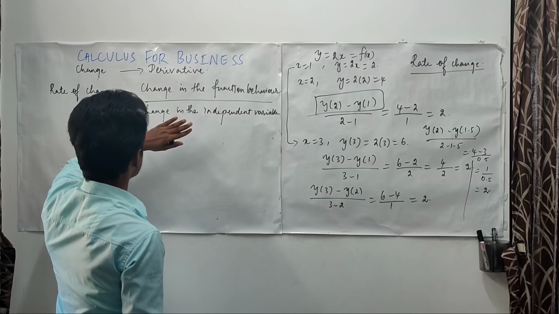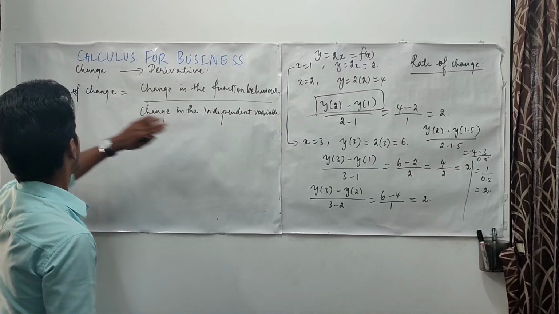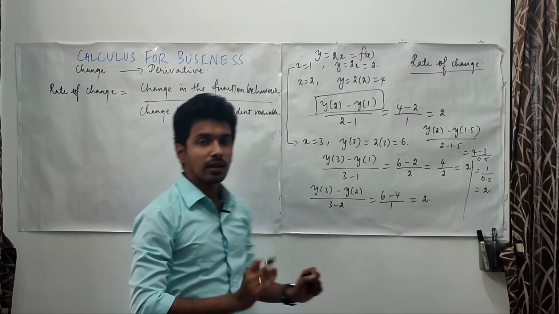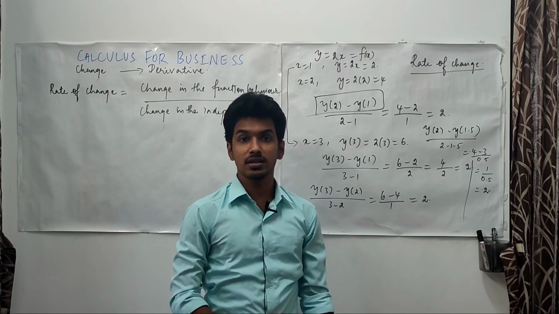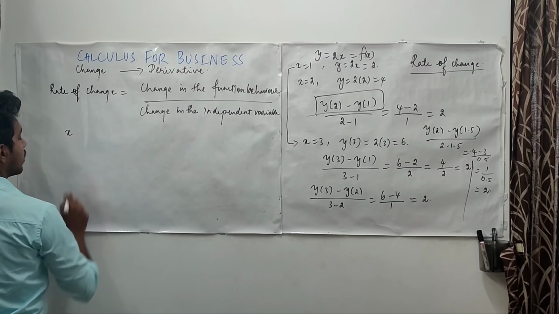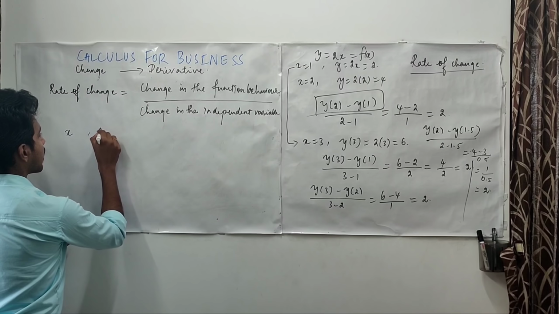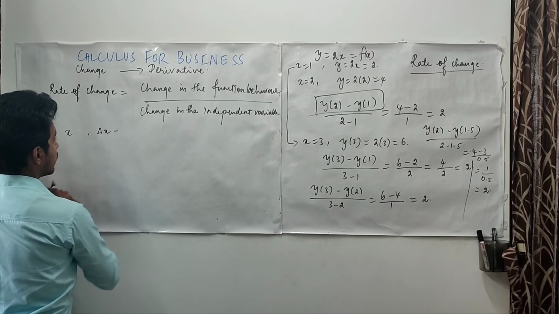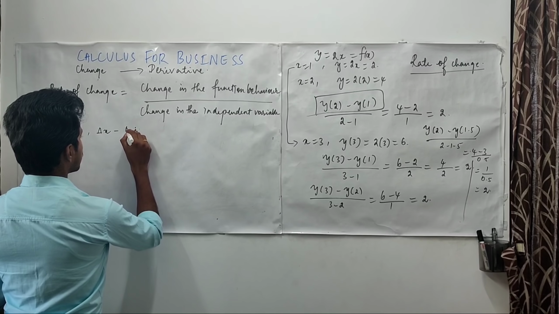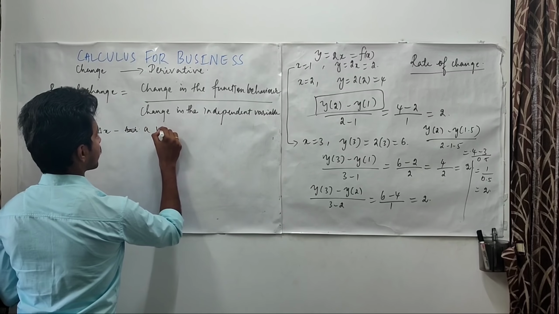This is the rate of change, when there is a very minute change in the independent variable. Suppose x is my independent variable, the minute change I represent as delta x, a very small change.